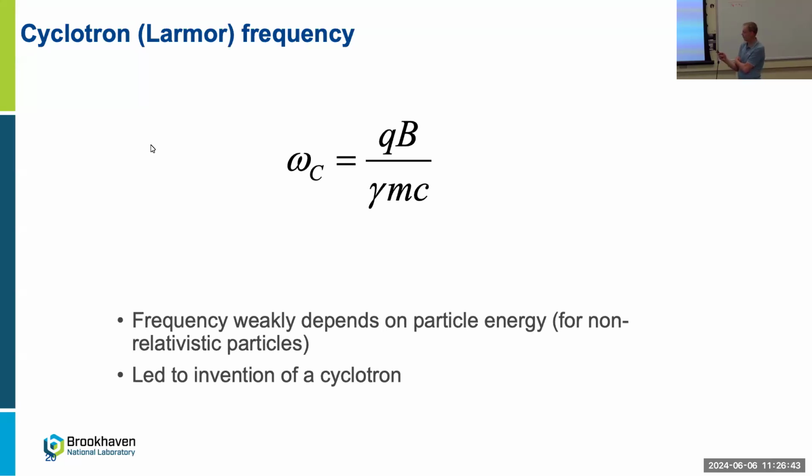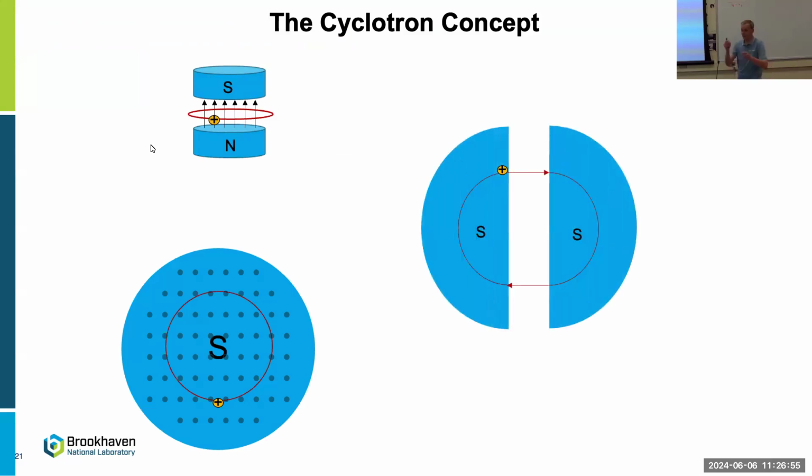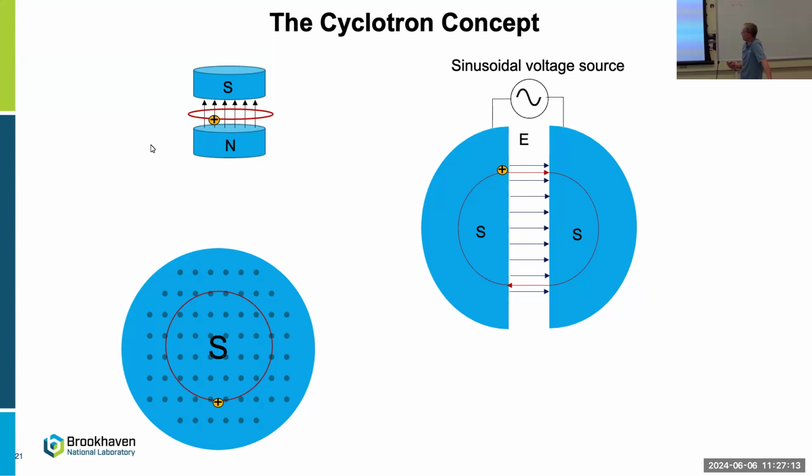This, of course, led to the invention of the cyclotron, in which you take a uniform magnetic field produced by two poles of a magnet, then cut it in half, split it, and apply an electric field using a radio frequency generator that allows the particle to be accelerated only when the phase of the field is correct.